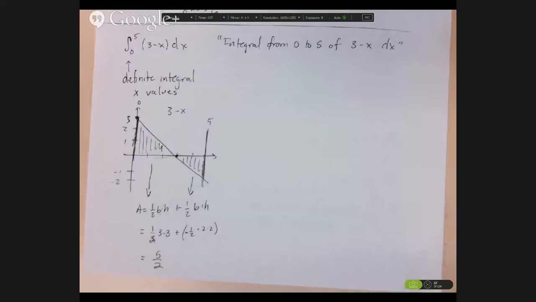Because you are subtracting that little bit out.